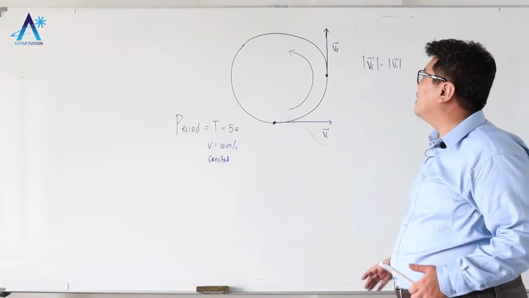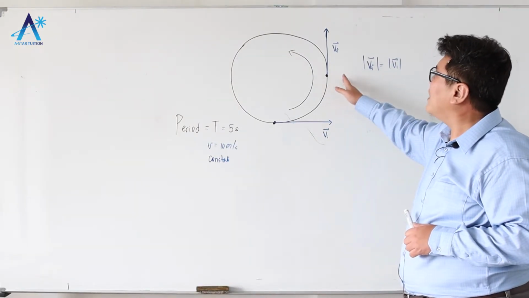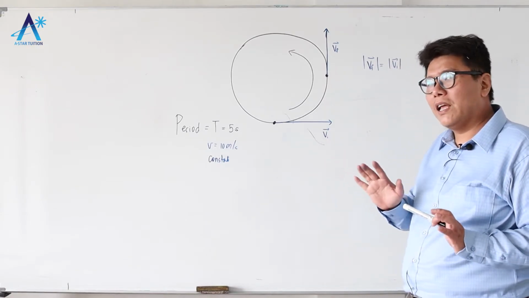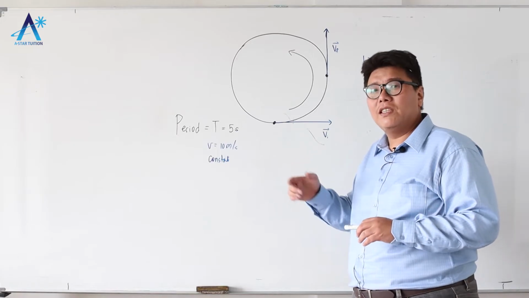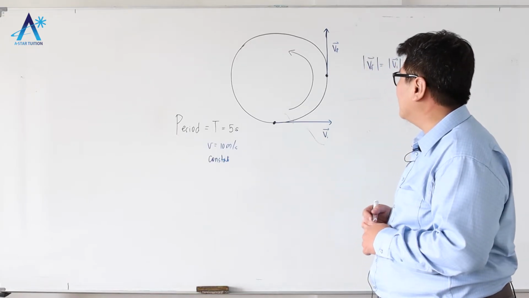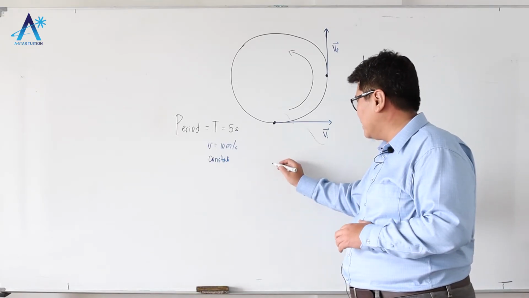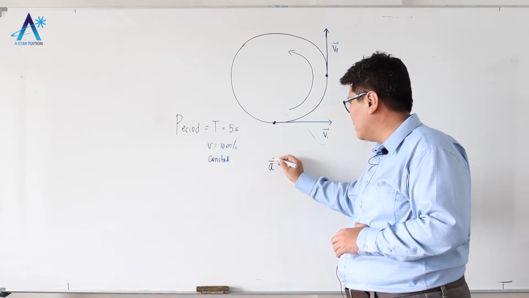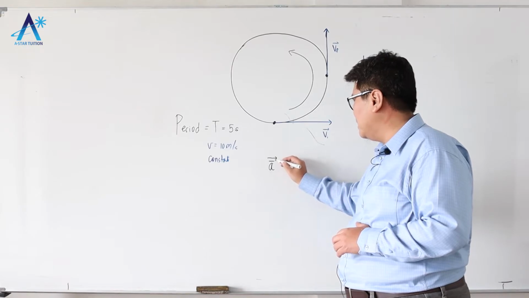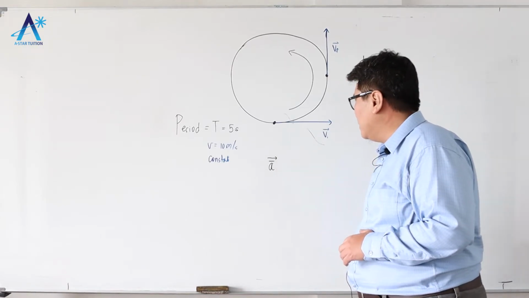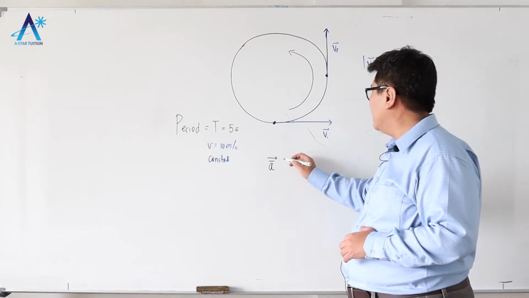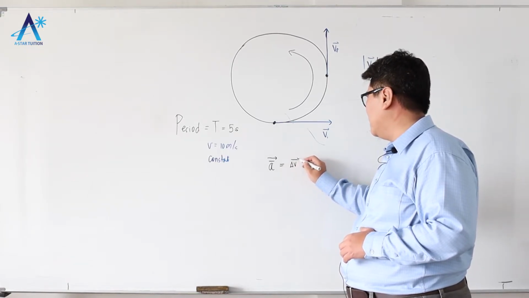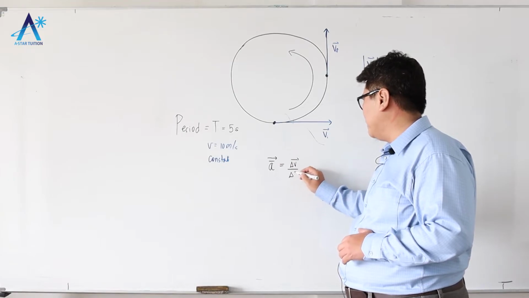Usually, we are asked to find the average acceleration. Now, we haven't discussed average acceleration. That will be covered in kinematics. But let me just define it like this, and let's discuss this further in the kinematics video. An average acceleration is defined as the change in the velocity vector over time.